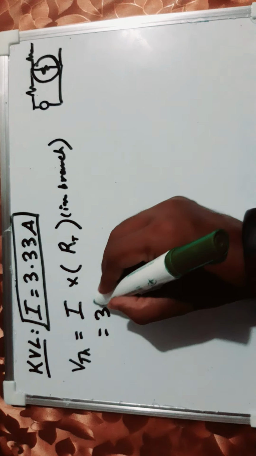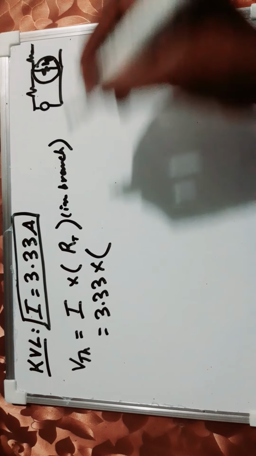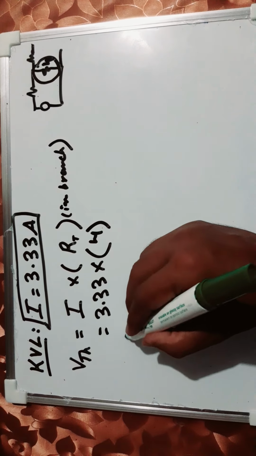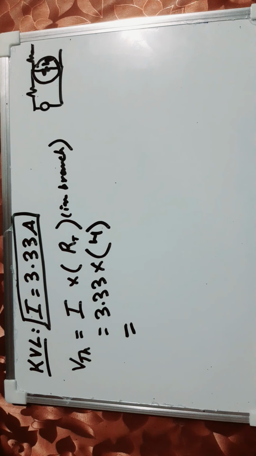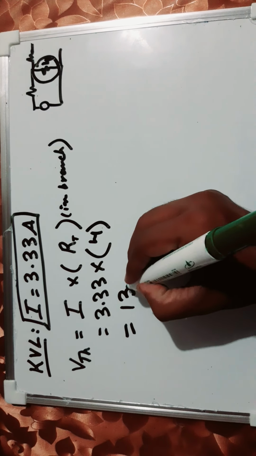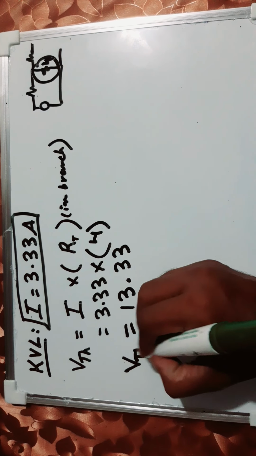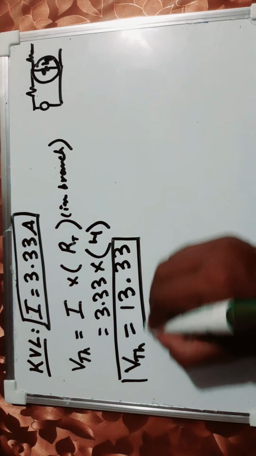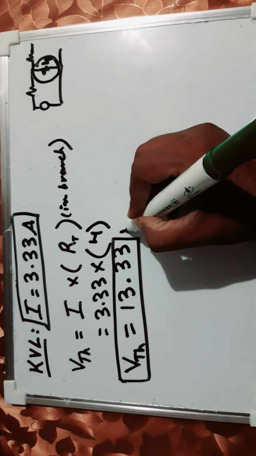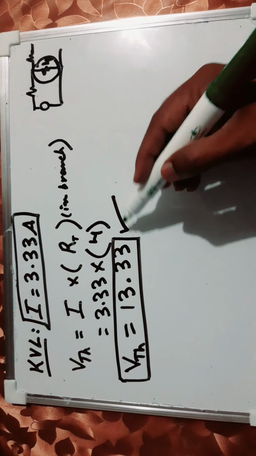What is our I value? 3.33 into the total, the value of this branch was 4. So 3.33 into 4 is 13.33. So this is our Thevenin equivalent voltage value. So our first step is complete.